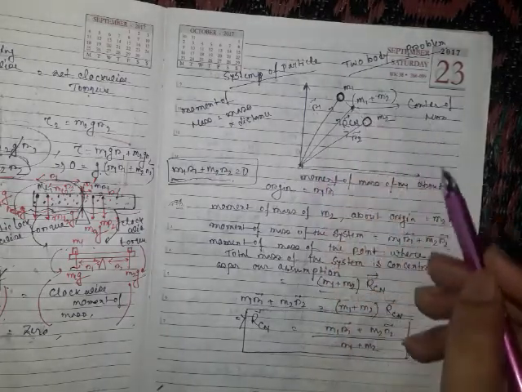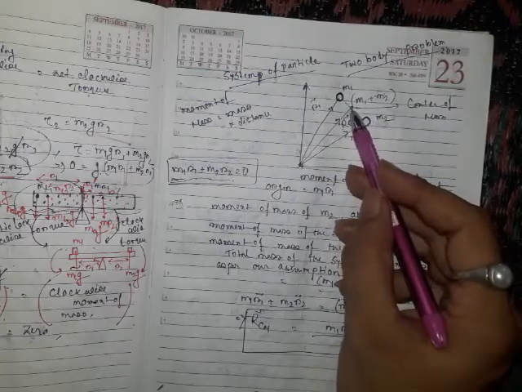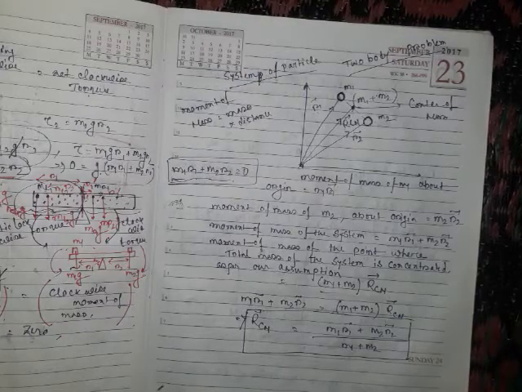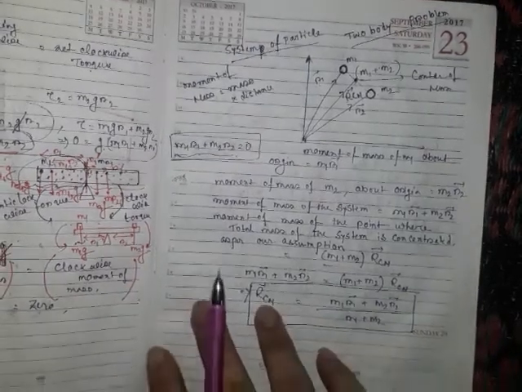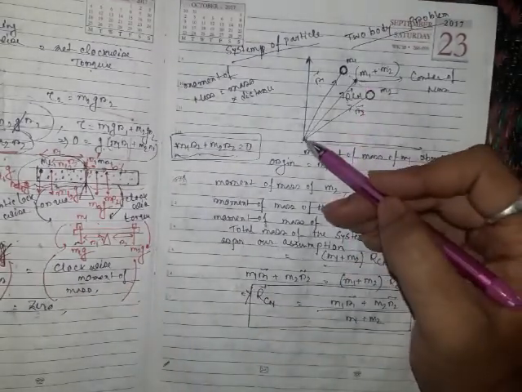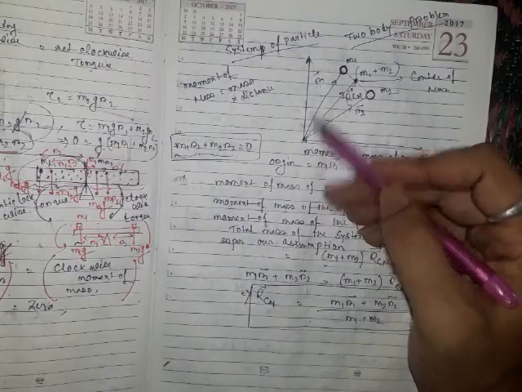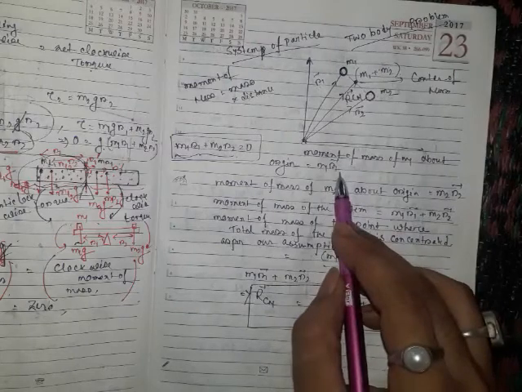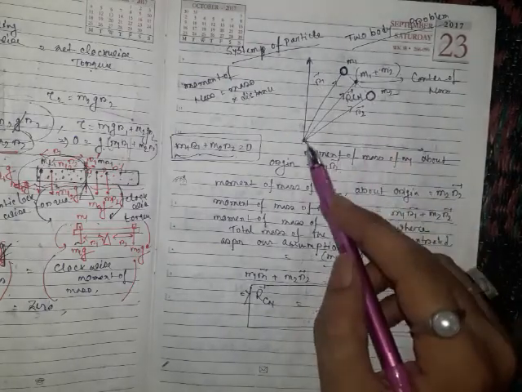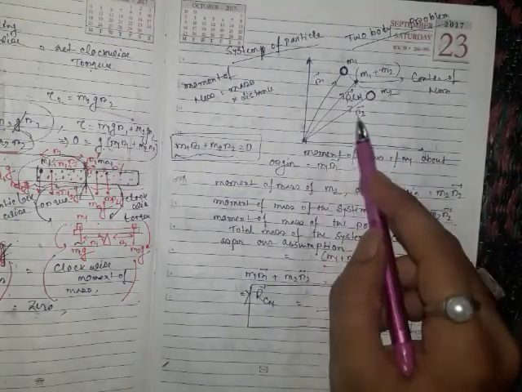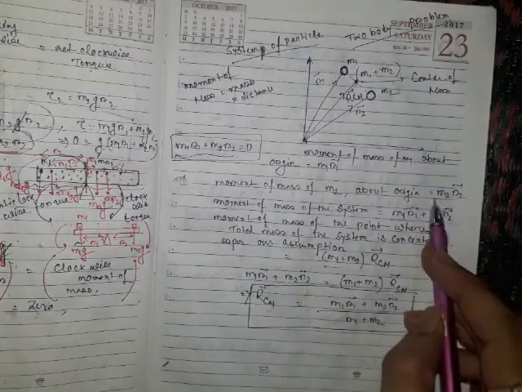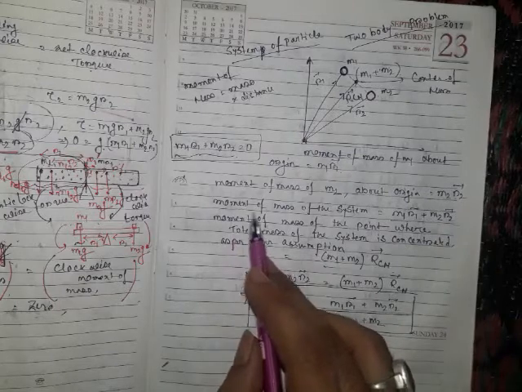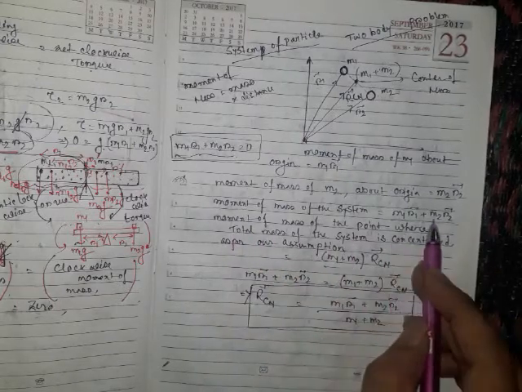You will get the same amount of moment of mass. Now do some calculation, it will be clear. m1 has a distance from the axis of rotation r1, so it will have a moment of mass m1 r1. m2 has distance r2, so its moment of mass about the origin is m2 r2. So the total moment of mass of the system will be m1 r1 plus m2 r2.